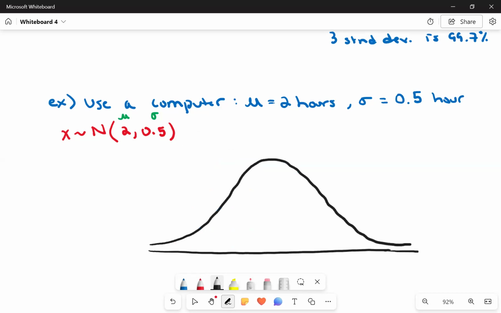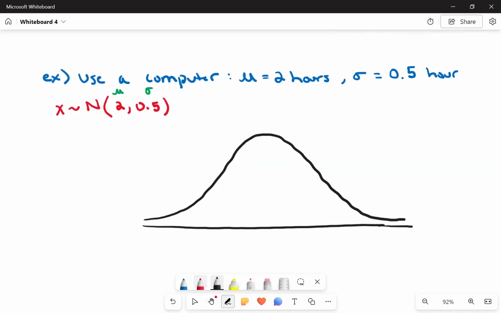There we go. For this problem, the mean is 2 hours, and that'll be here in the center. I won't put hours, I'll just put 2. And then I want to draw 3 standard deviations above and below the mean. Above the mean, since the standard deviation is half an hour, this would be 2.5, and then adding another half hour would be 3, and then 3.5.